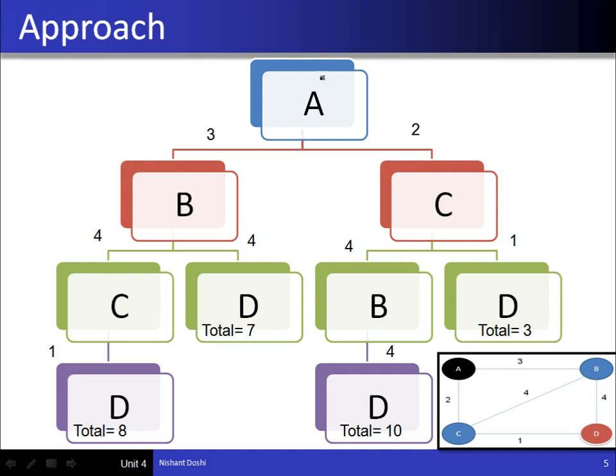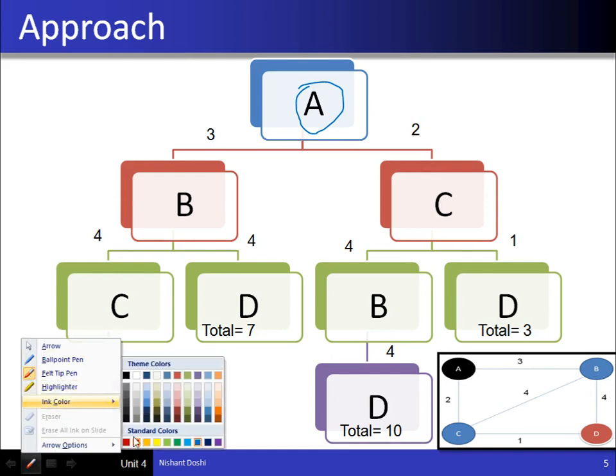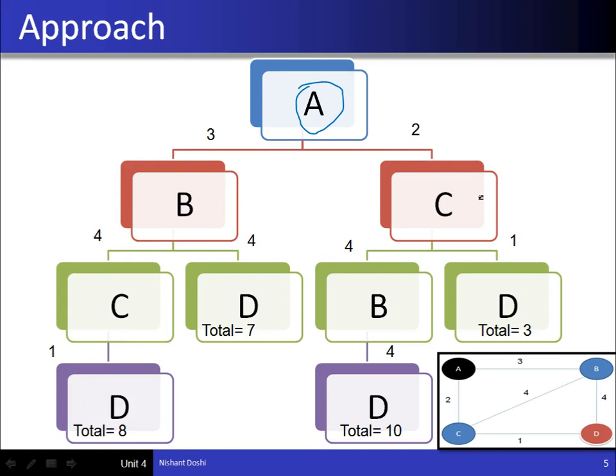We start from A and see the outgoing edges. It's undirected, so from A we have paths to both C and B. In backtracking you go with depth first search, so let's explore B first.